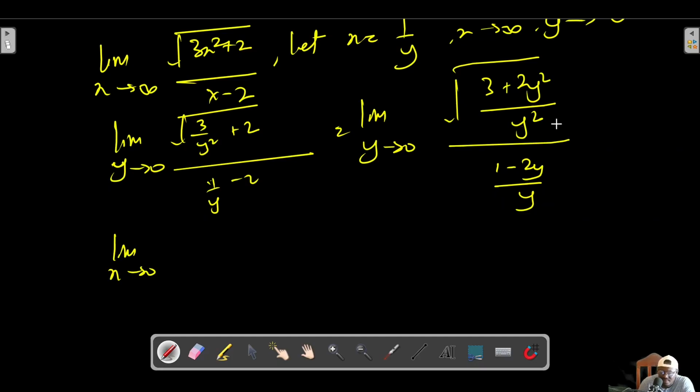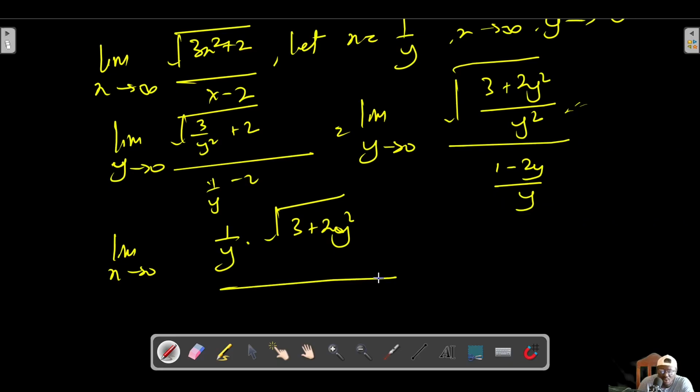For the numerator expression, we can find the square root of 1 over y squared, which is 1 over y. So I want to write it like this: 1 over y multiplying root of 3 plus 2y squared, all over 1 minus 2y divided by y.